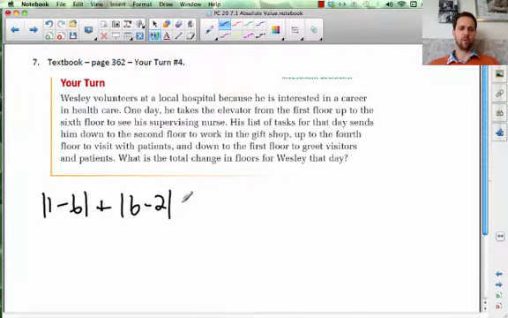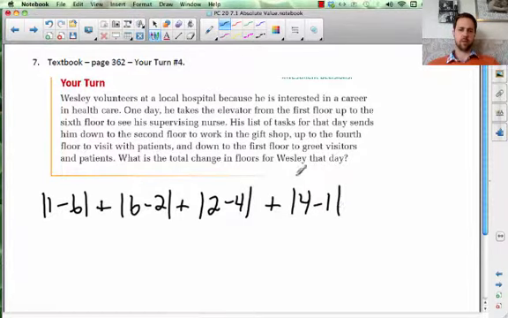Then he goes up to the 4th floor from there. So he goes from 2 up to 4. And then he goes down to the 1st floor to greet visitors and patients for the day. So from the 4th down to the 1st. What is the total change in floors for Wesley that day? So here he had a change in floors of 5. Here he had a change in floors of 4.